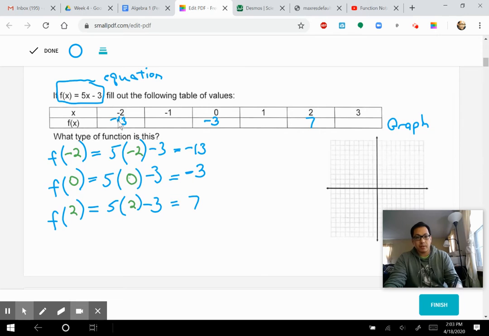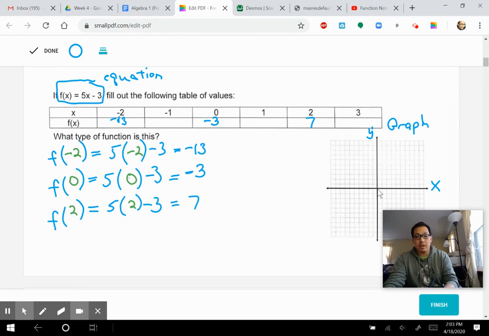Looks like our first point, so now we can put some points on the graph, right? Remember this is always x, this is y, and our y value is based on the output of the function. So I think the first one's going to be a little off the graph. Maybe I'll skip that one. We can do f of 0, so when x is 0, which is right in the center, y, the output, is -3.